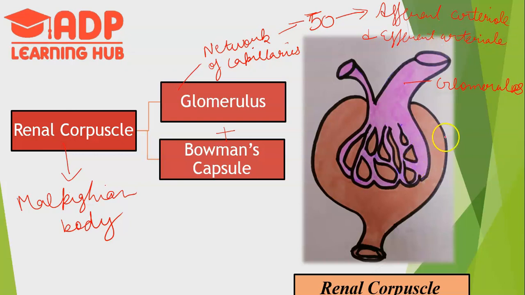So the portion which encloses this glomerulus is the Bowman capsule.